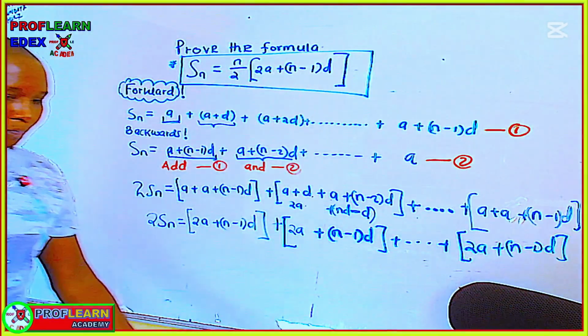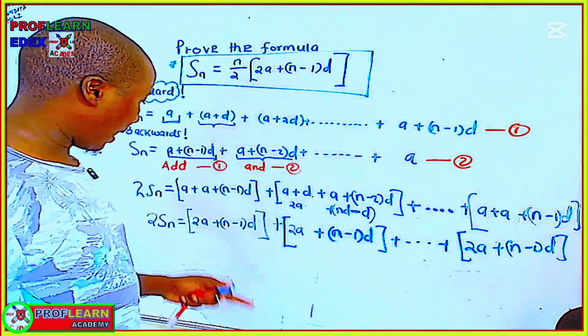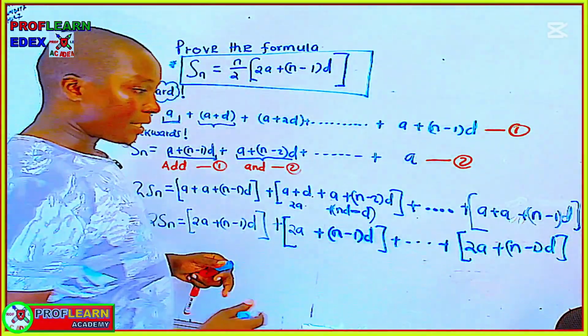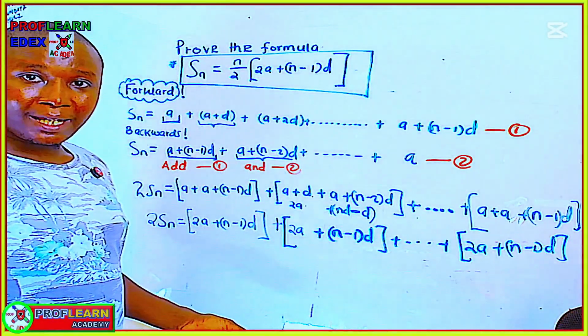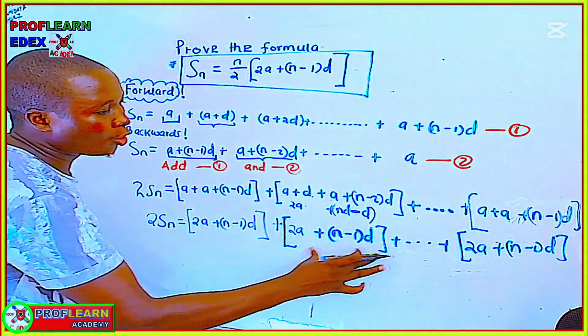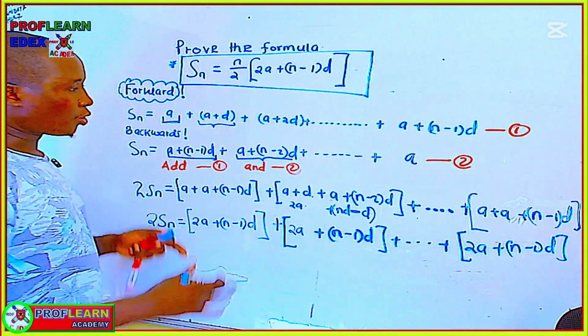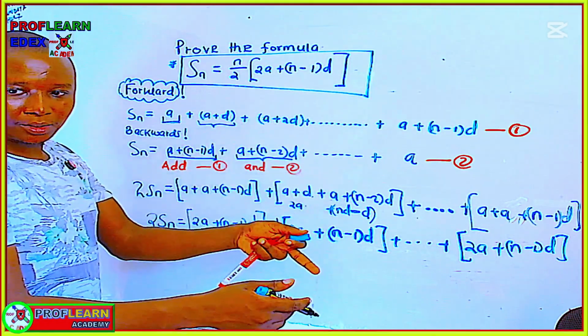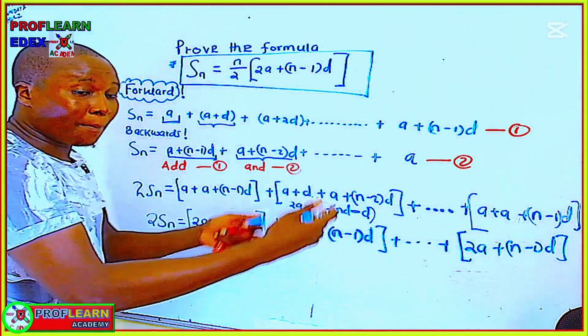So you can see now each of the pairs that we are having in this series here is just 2a plus n minus 1 into d. Then how many pairs are we going to have? Because here we considered n terms, it means we're going to have n pairs.